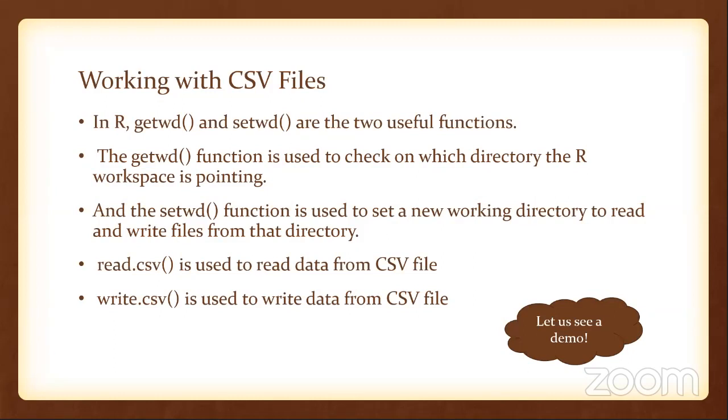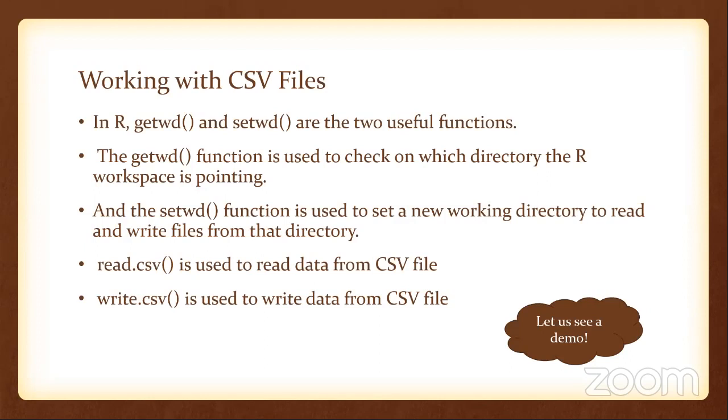Before we learn how to read and write data in a CSV file, you should know two basic functions in R, getwd and setwd. The getwd function helps you know which directory the R workspace is currently pointing to. The setwd function helps you set the path where you want all your files to be stored and retrieved.